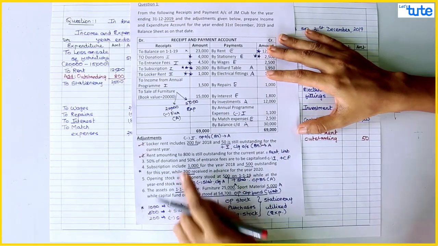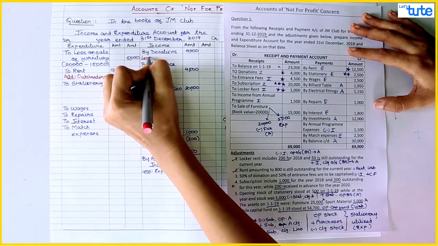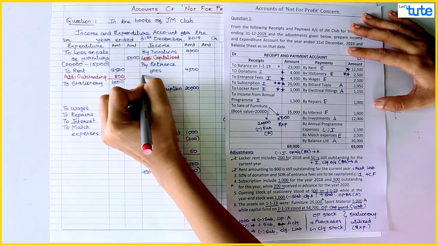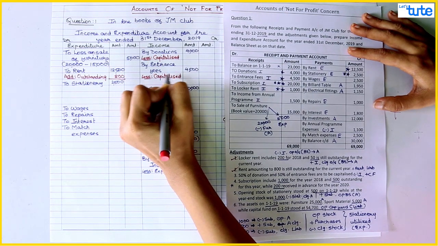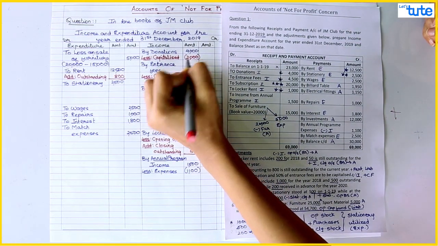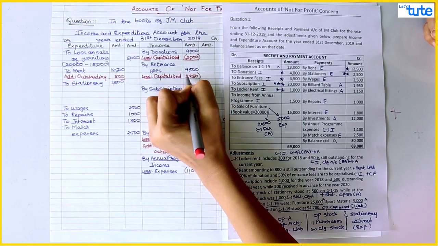Next, 50% of donations and entrance fees to be capitalized. So less from donation and entrance fees, less capitalized. 4,000, 50% is 2,000, and 4,500, 50% is 2,250.